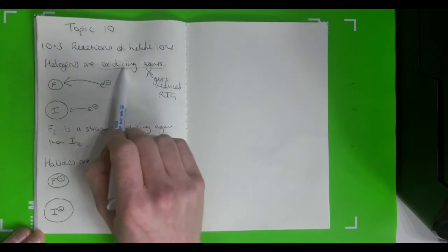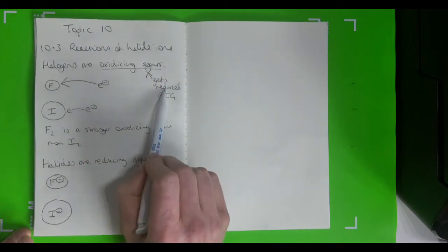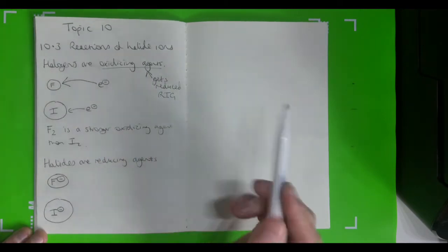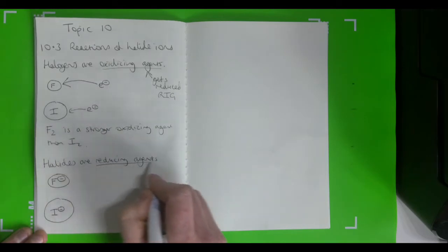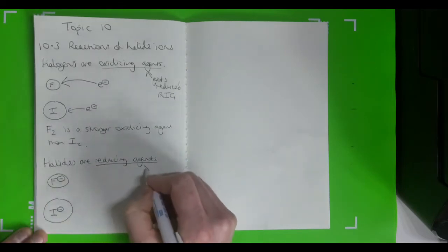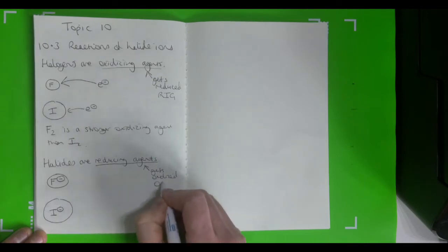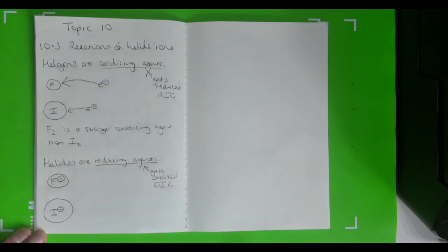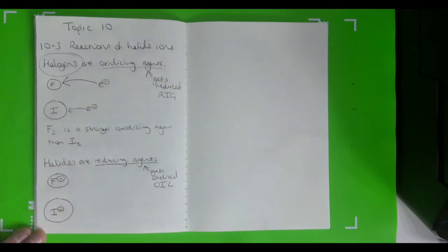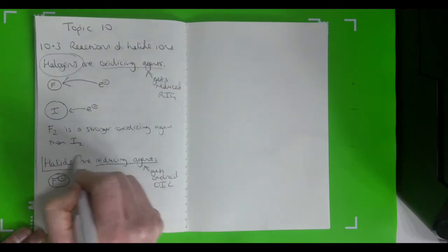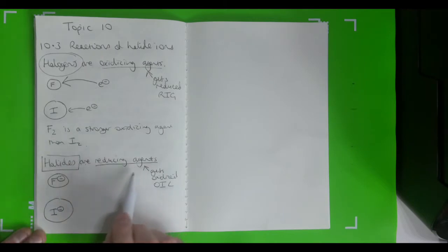So an oxidizing agent gets reduced. Reduction is gain of electrons. A reducing agent gets oxidized. Oxidation is loss of electrons. So halogens are oxidizing agents. Halides are reducing agents. So they get oxidized, they lose electrons.